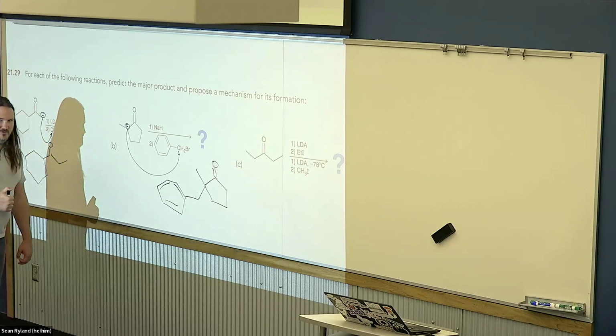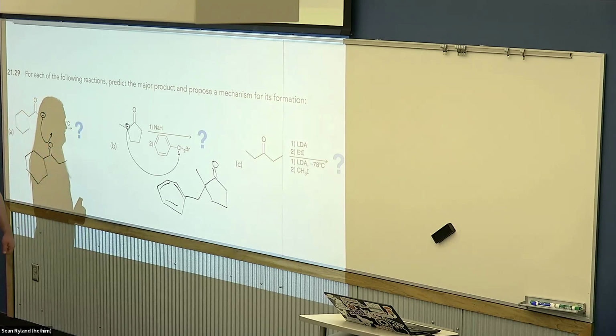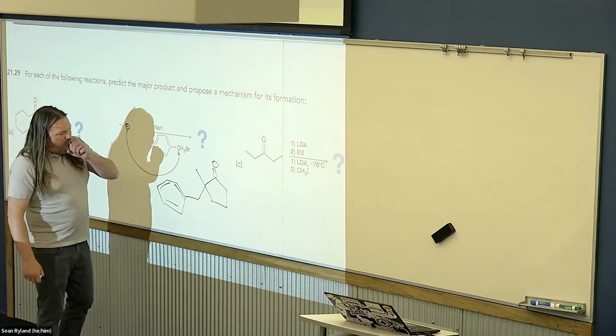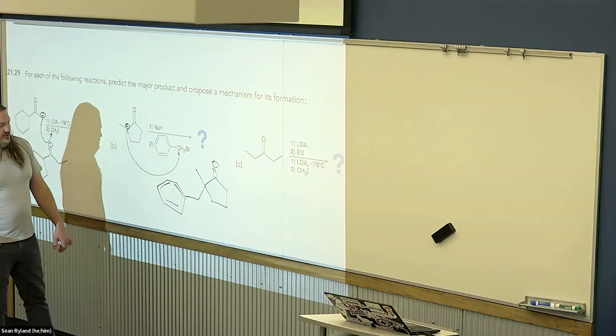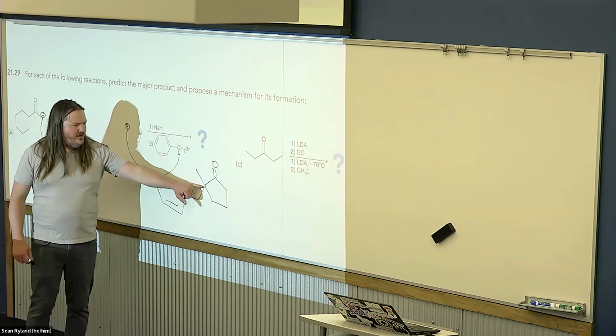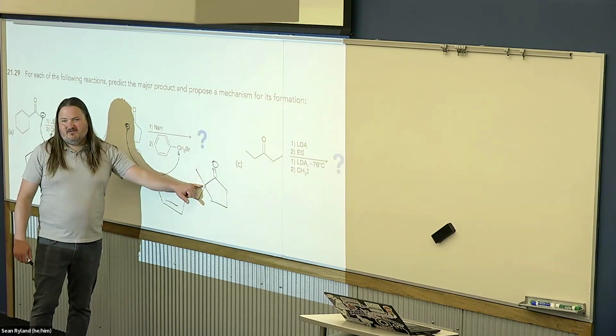Just make sure you count your carbons with this one. It looks wonky. As far as naming this one goes, I don't know if it's the IUPAC name, but we do have a shortcut. If it was just a benzene ring directly attached, we name it as a phenyl group.